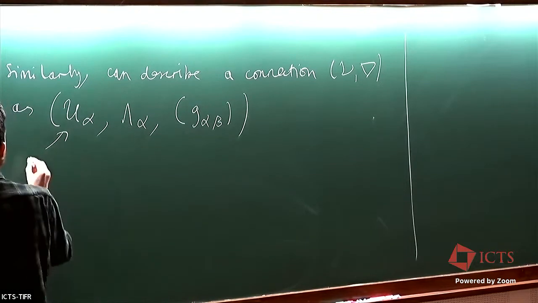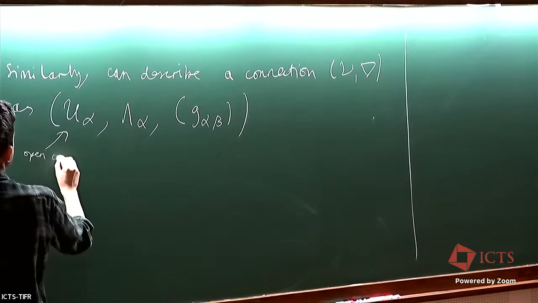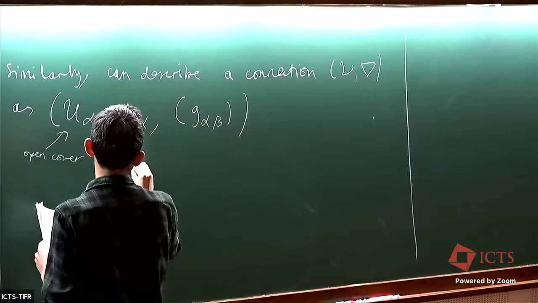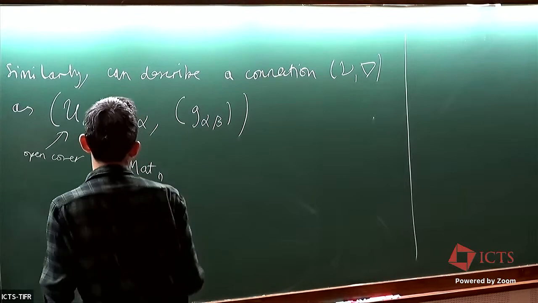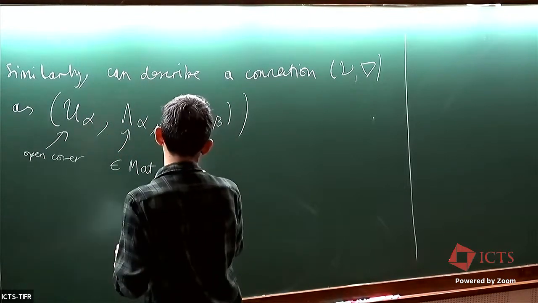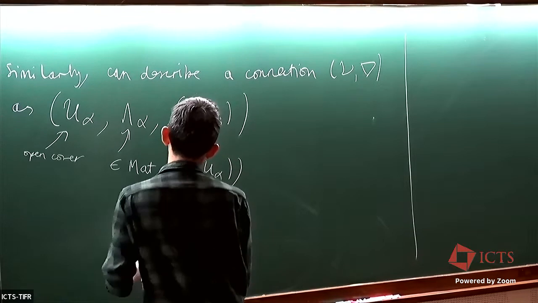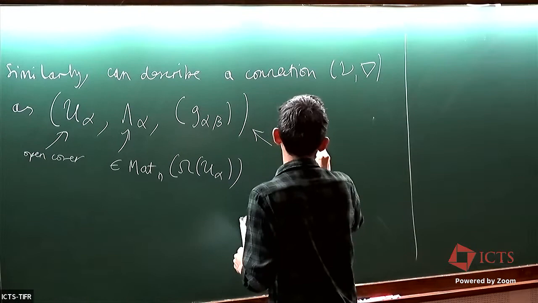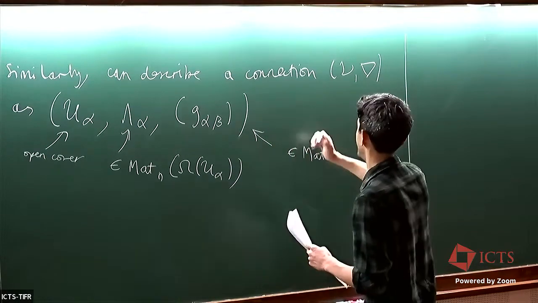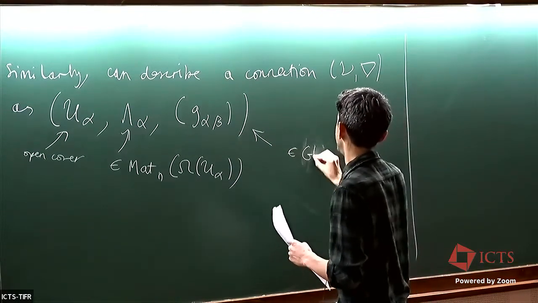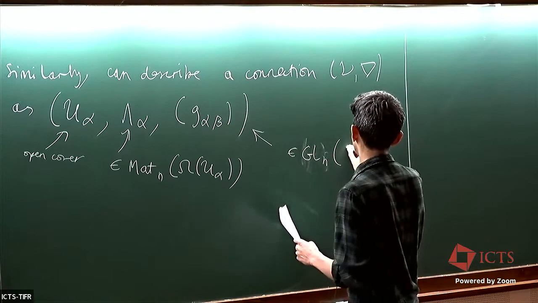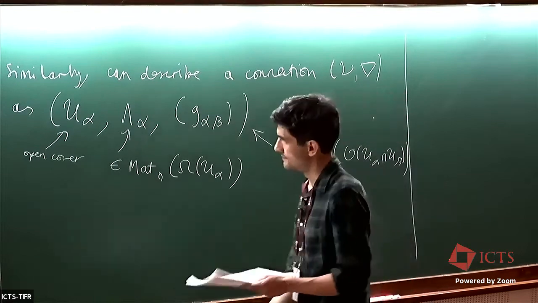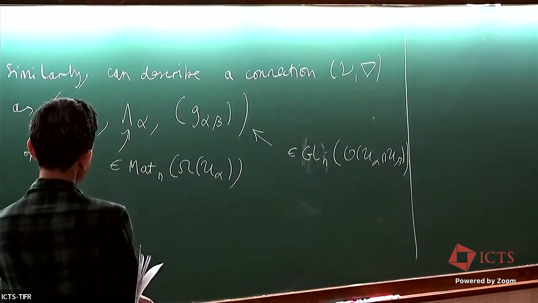So this again is an open cover. This is an element of n by n matrices with values in differentials on U_alpha, and then this is an invertible matrix on U_alpha intersect U_beta.